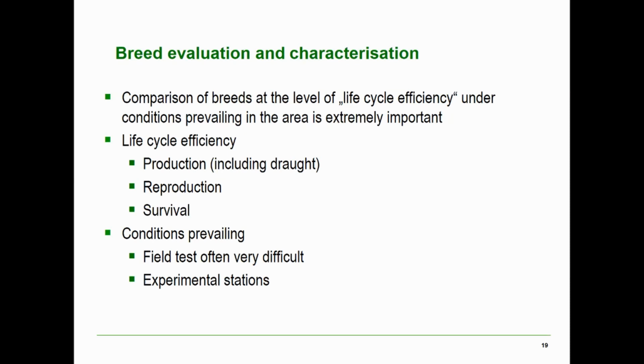So it can be that animals, crosses or any type of breed assessed in an experimental station have quite good results there, for example, high-level crosses with exotic breeds or the exotic breeds themselves, but when they come to actual farms or actual real production, they are not so good anymore.